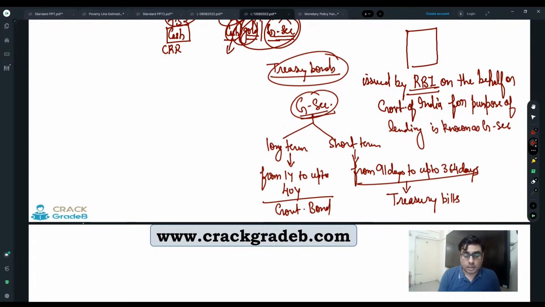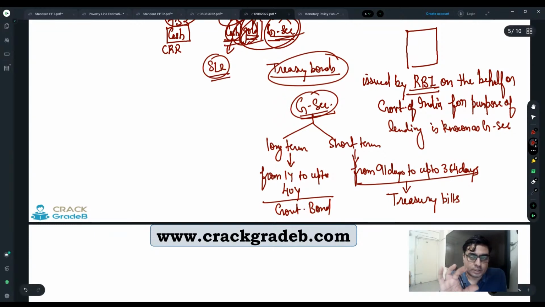Now, as we are discussing the SLR part, banks have the option to go for cash, gold, or government securities, right? So banks need government securities in order to fulfill what?